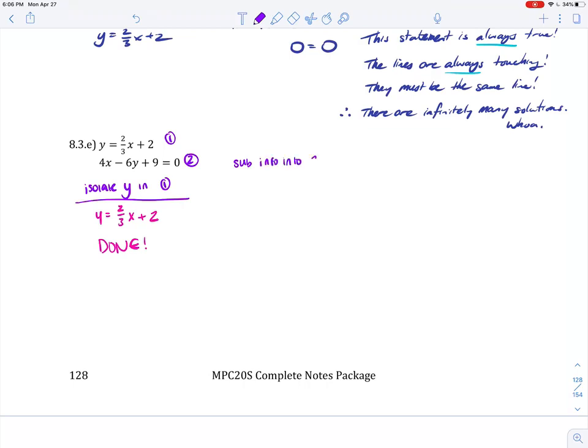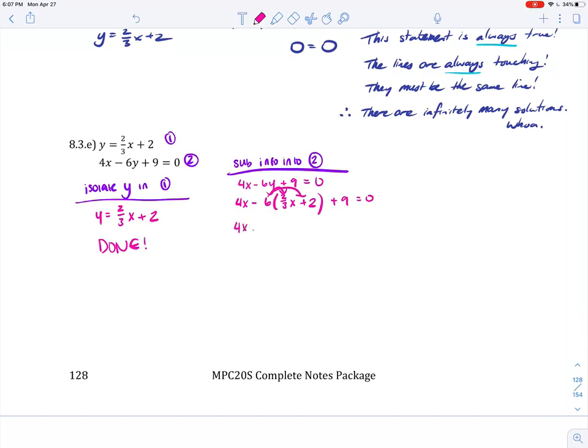Next, we are going to substitute this information into the other equation. So we're going to substitute into equation 2, and here we go. Every time I see a y, I'm going to plug in 2/3 x plus 2. So I have 4x minus 6 times (2/3 x plus 2) plus 9 is equal to 0.